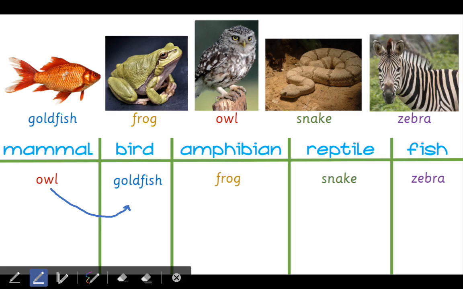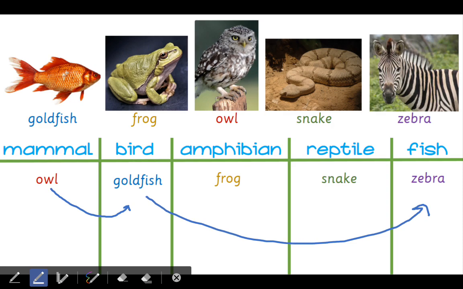Sorry, not a zebra. Is the goldfish a fish? Yes. Fantastic. Oh, better like this. Goldfish is a fish.